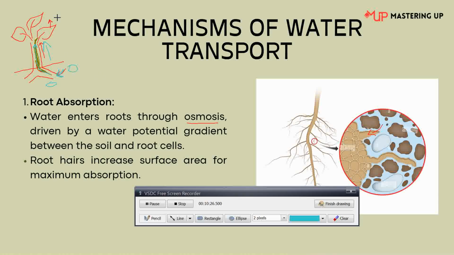As I told you in the beginning, transpiration happens and water comes out from the leaf surface, from the stomata. This causes a decrease in the water potential in the leaves, and this causes an upward pull of the water from the ground level to the upper portion against the gravitational pull.